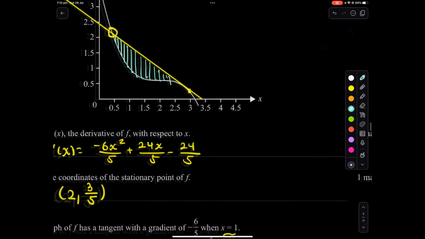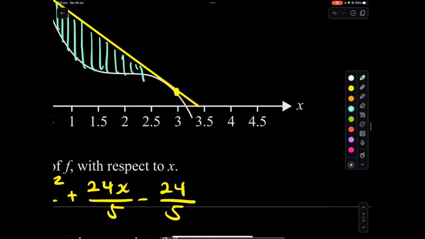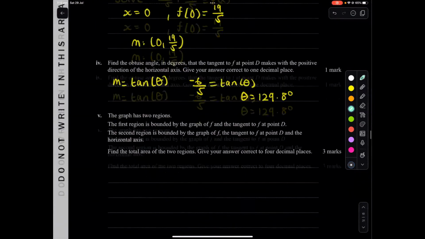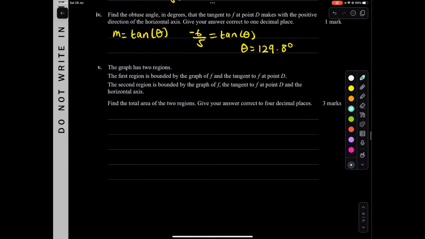So over here, this little part over here. Find the total area of the two regions correct to one decimal place.